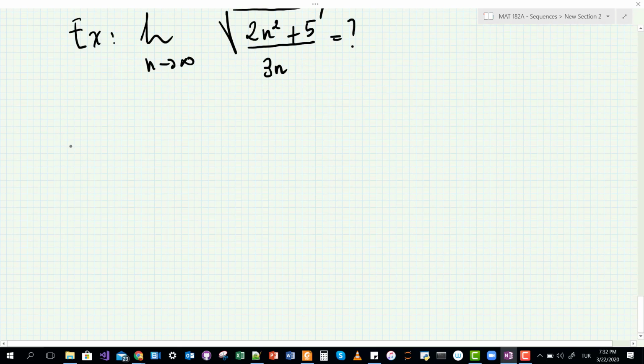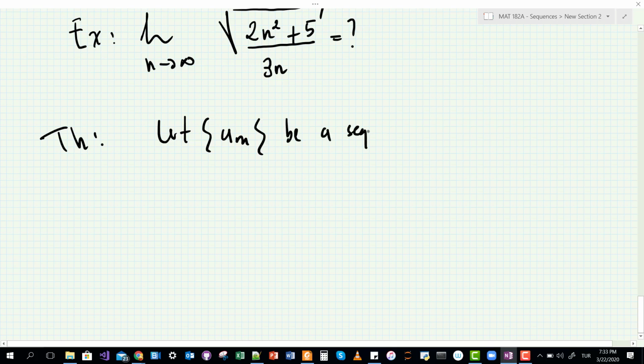type of problem. That's what we call the continuous function theorem for sequences. Let's see what it is about. Let's say I have a sequence of real numbers, as you know.